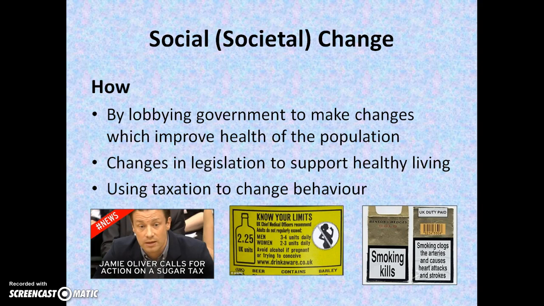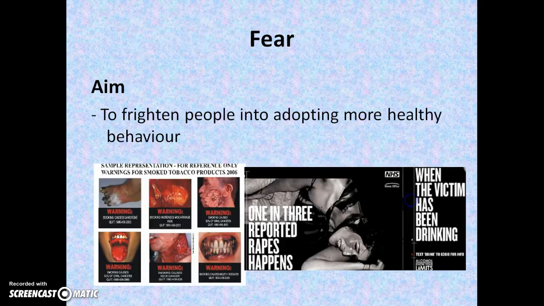And if you go over them, you get caught and you get penalised. Things like alcohol. It's really no longer socially acceptable to drink and drive. And that's been a societal change over many years, as governments have convinced us through advertising campaigns that this is unhealthy and unacceptable.